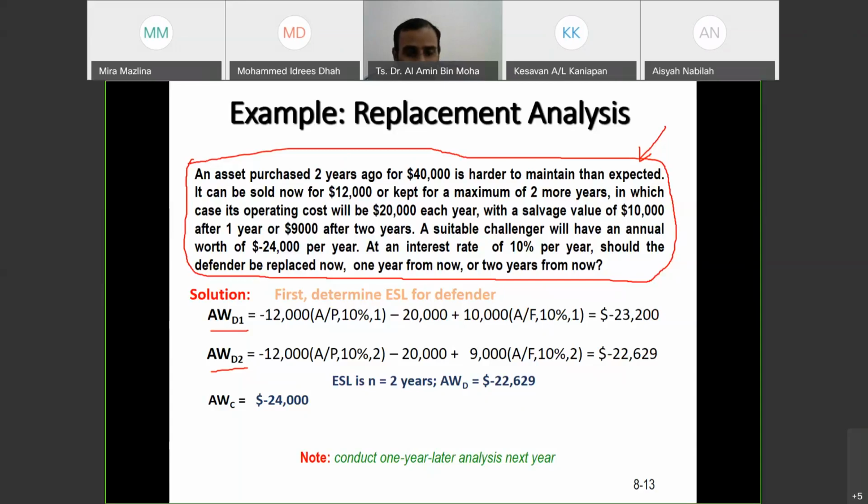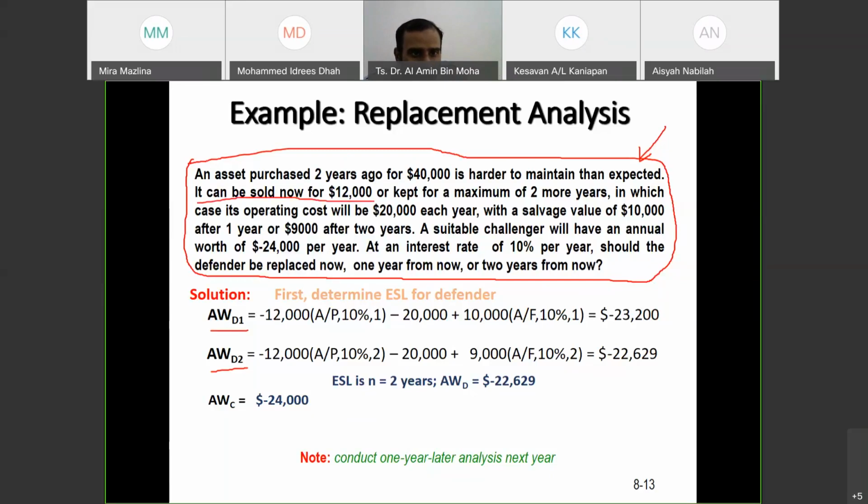Because they give 2 scenarios, we are not going to repeat the AW for every year. Actually, you see here, as we went through the example, the asset purchased 2 years ago is harder to maintain than expected. Okay, fine. It can be sold now for 12,000.